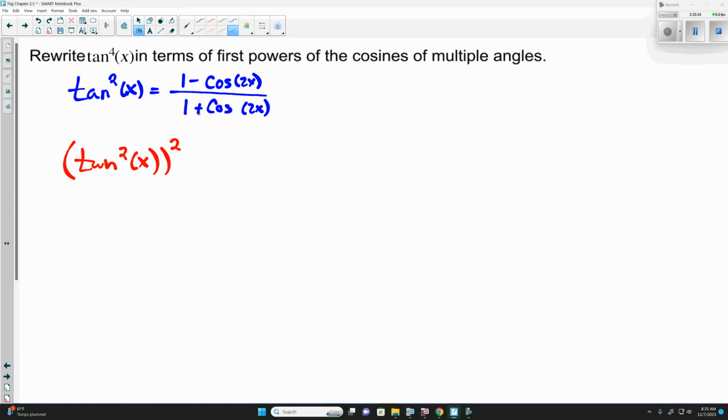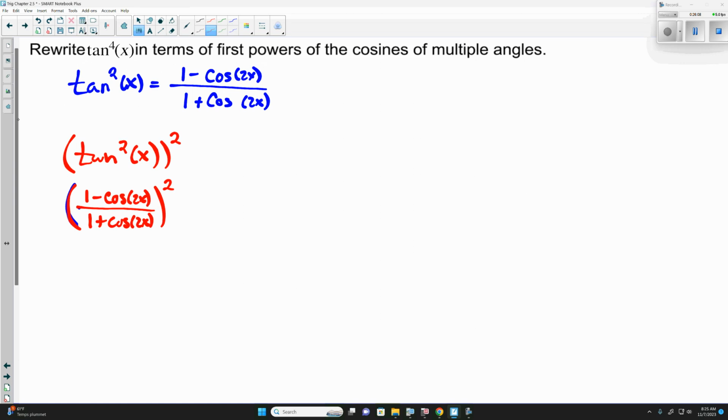There's going to be a few different steps because we're talking about tangent instead of cosine or sine, but we do get the same kind of process. So that means we're going to replace our tangent squared with 1 minus cosine of 2x over 1 plus cosine of 2x, and we have the whole thing squared.